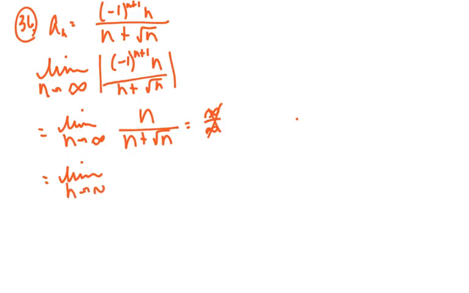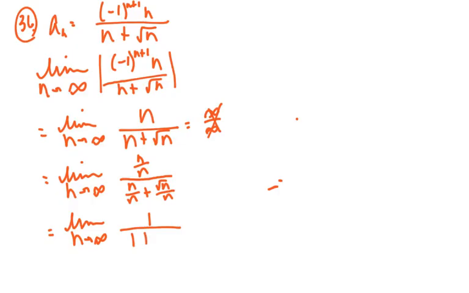Earlier, we divided by the highest power of n in the denominator. We could do that, or we could use L'Hopital's rule. Let's divide by the highest power of n in the denominator. So we have n over n, and the square root of n over n. So then we have the limit as n approaches infinity of 1 over 1 plus the square root of n over n.